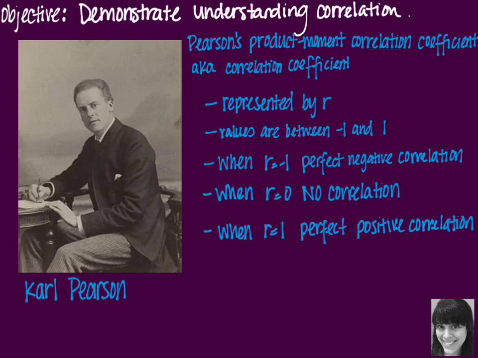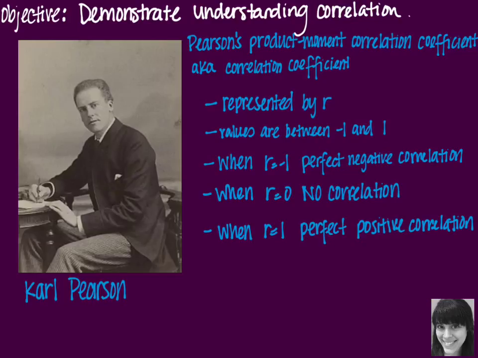Okay? The correlation coefficient, R, is between -1 and 1. If you ever get something outside of that, so if it's -2 or 1.1, that is not a correlation coefficient, okay? When R equals -1, this is a perfect negative correlation.